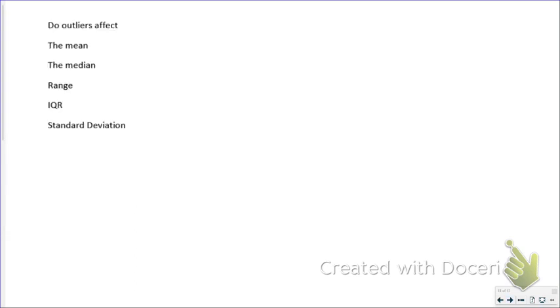Do outliers affect? And we answered it. So maybe hit pause and see if you know. Yes, outliers do have an effect on the mean. No, not the median. Yes to range. No to IQR. And yes to standard deviation.